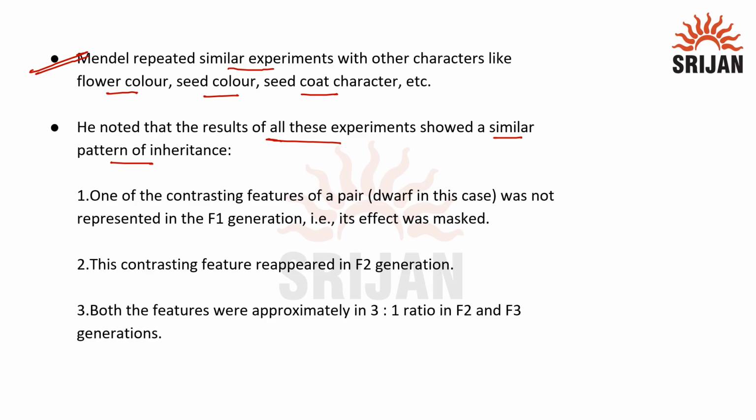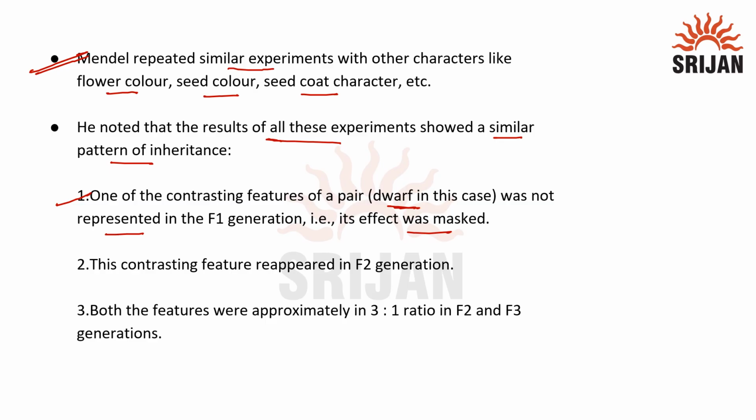He found that one of the contrasting features, in this case dwarfness, was not represented in the F1 generation. That is, its effect was masked. So in this case we have seen that in the F1 generation all the plants were tall, none of the plants was dwarf, and this was observed in all other experiments as well.